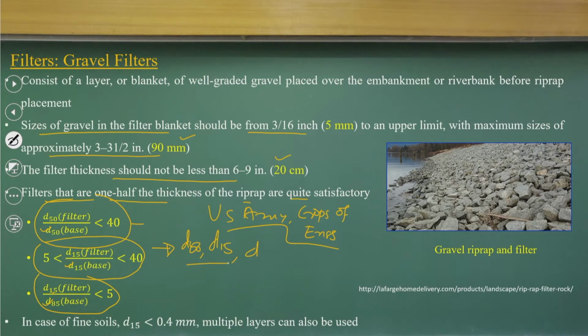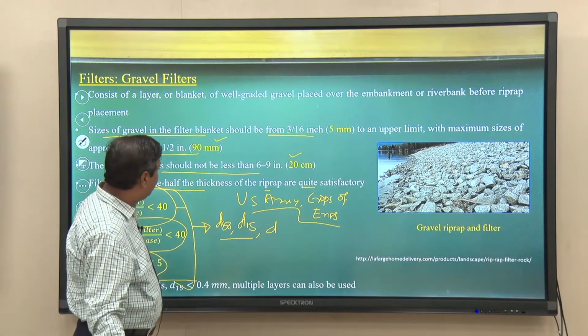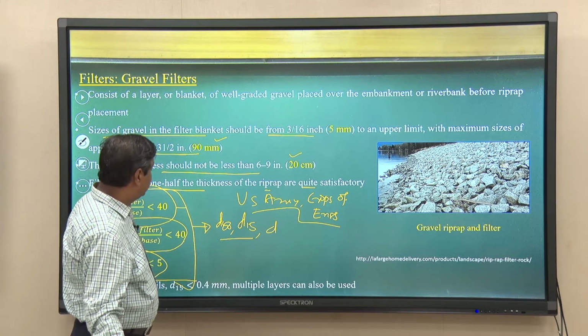These 2 criteria we have to hold, which allow proper drainage, proper water escaping from the base through the filters to the outside. That is the criteria, and the design guideline from the US Army Corps of Engineers decides this design criteria. That is what we should use.